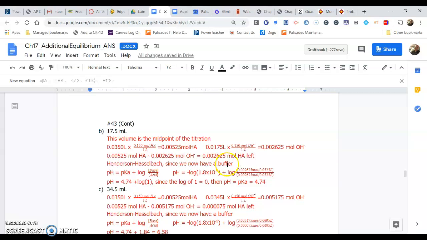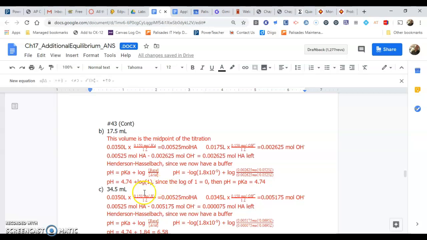That leftover weak acid goes into your concentration of acid, but the amount of base that is reacted is converted into conjugate base. Remember that, right? The HA reacts with the OH minus and turns into A minus, which is the conjugate base. So that goes up here in your concentration of base.